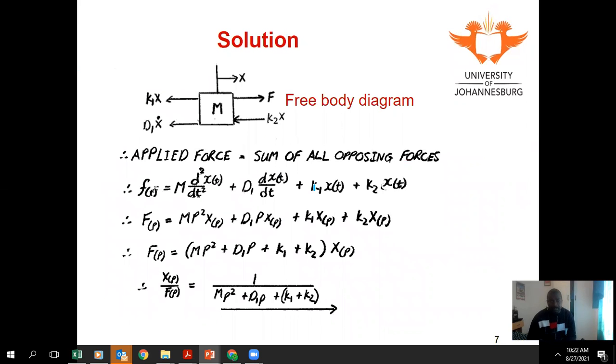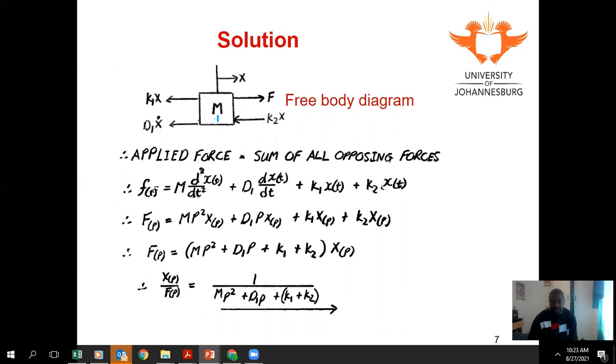Now on the representation, we've got the force of a mass, which is not shown there. And then we've got that of a damper, first derivative, and then we have K2, K1, which are added, and the force and X, and then the force acts on a mass.